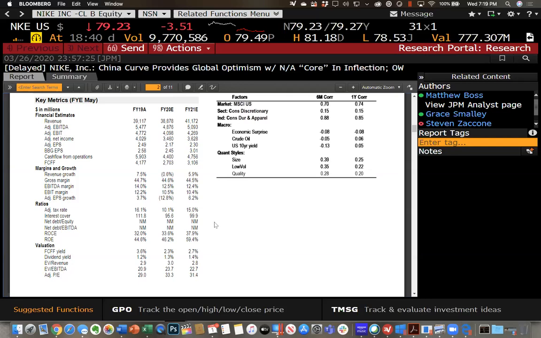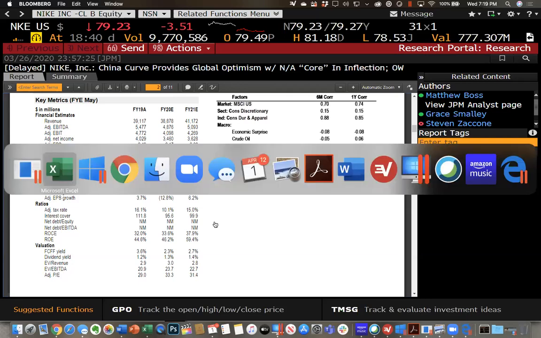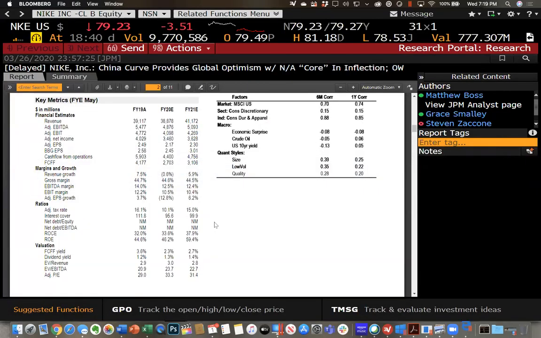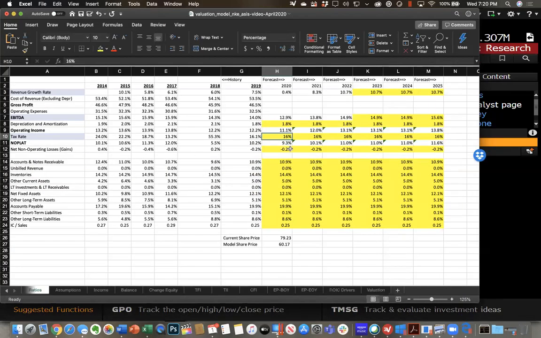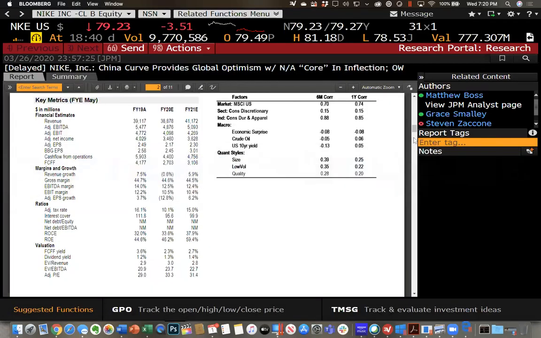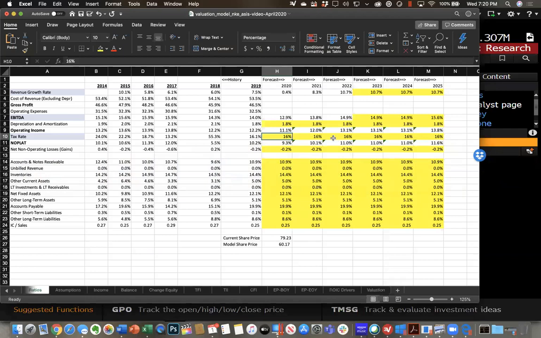So when we were doing this model, we had a tax rate of 16 going down to 13. And what JP Morgan is actually saying is it's probably likely to be 10.1 followed by 15.